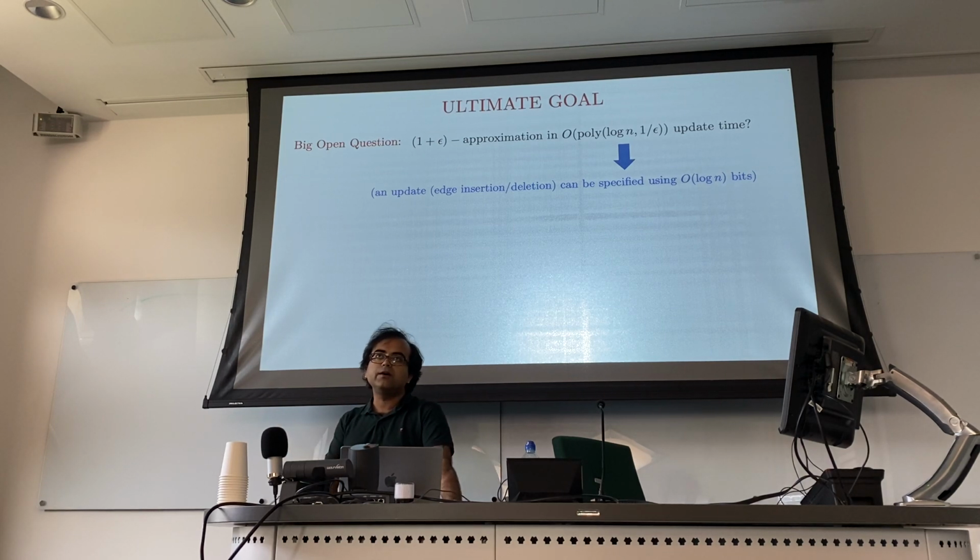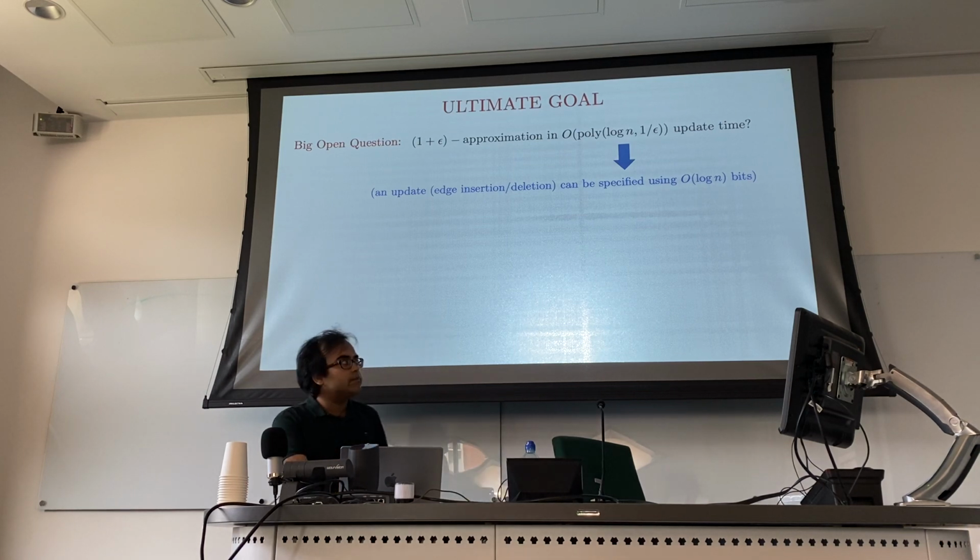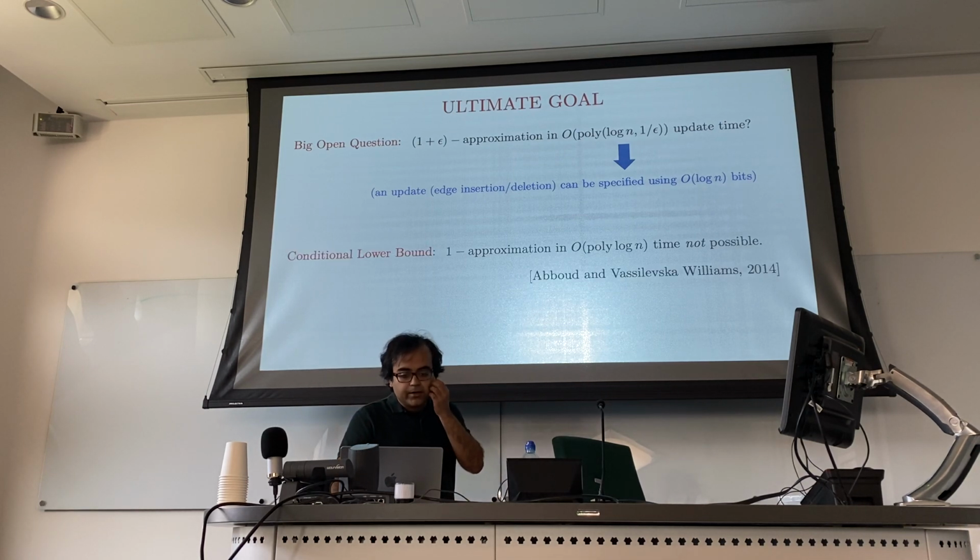If you have a polylog n update time dynamic algorithm, it implies a near linear time static algorithm. To solve the static problem, start with an empty graph, insert the edges one at a time. The total time you will take is near linear in the number of edges. So that's why the polylog n threshold is important. And why do we care about 1 plus epsilon approximation? It's because there are strong conditional lower bounds which say that getting an exact maximum matching in the dynamic setting is not possible. So you cannot hope to get a 1 approximation.